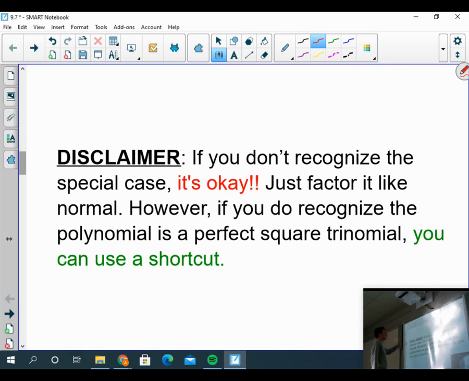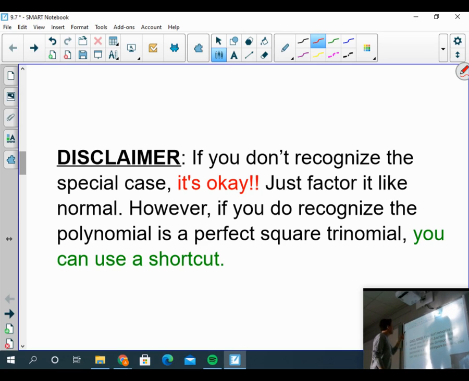Now, let me give a disclaimer. If you don't recognize the special cases, once we go through a couple of these examples, if you're going, hey, I'm struggling to recognize whether this is a perfect square trinomial, it's okay. Just factor it like normal. If you think back to 9.3 when we were distributing binomials and then we learned the shortcuts in 9.4, the 9.4 shortcuts were optional. They might save you a bit of time, but our traditional method of distributing binomials always worked.